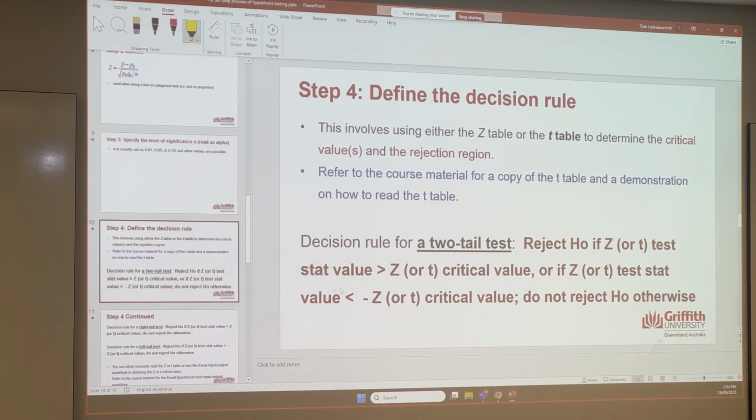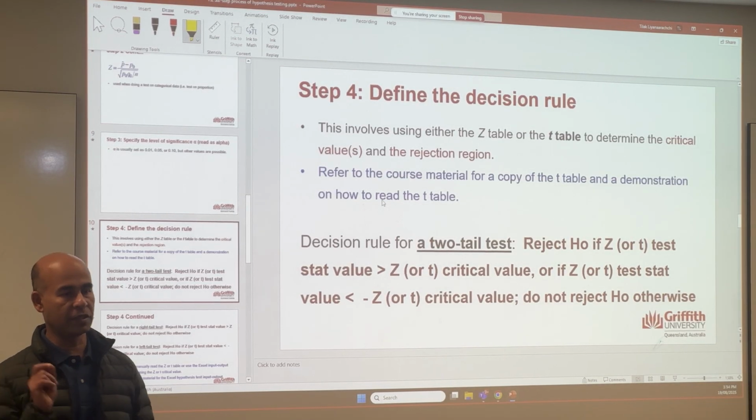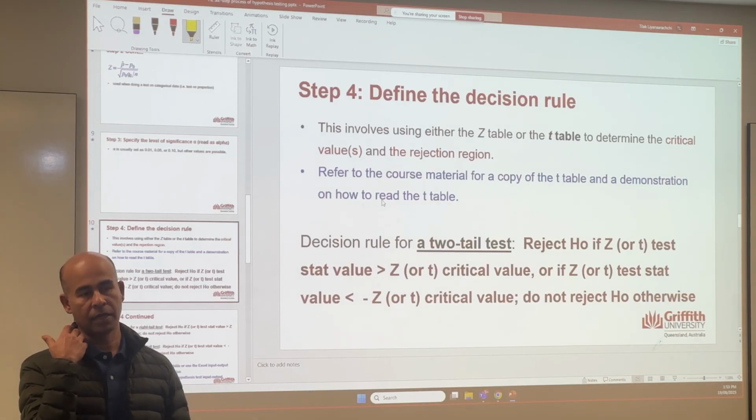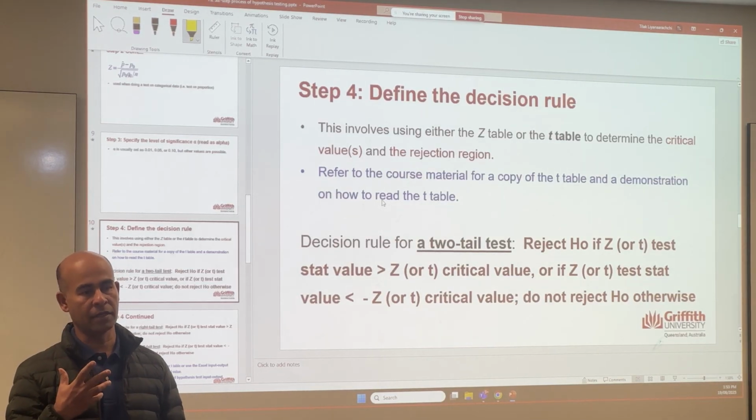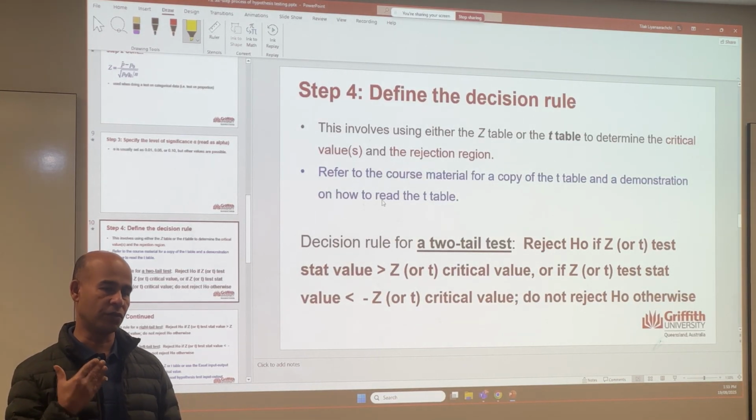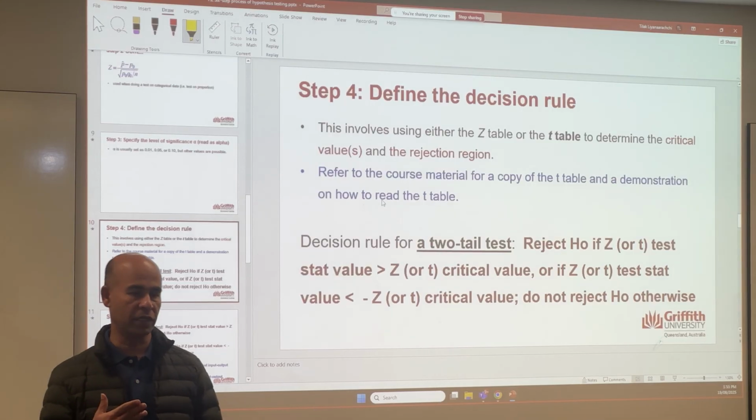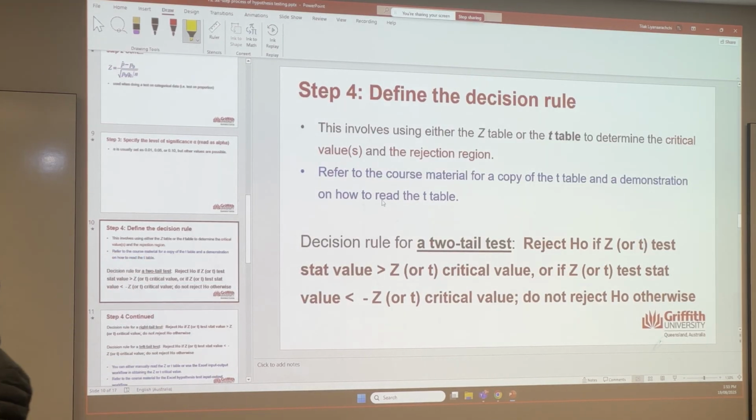Step 4 is you define the decision rule. That is, you're defining a rule for how you're going to make a decision, whether you are rejecting the null or not rejecting the null. So the decision rule always depends on the alternative hypothesis.